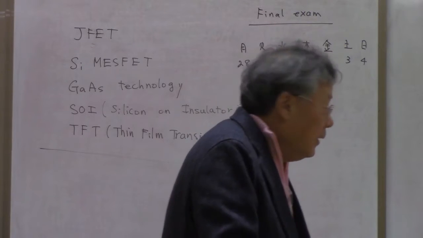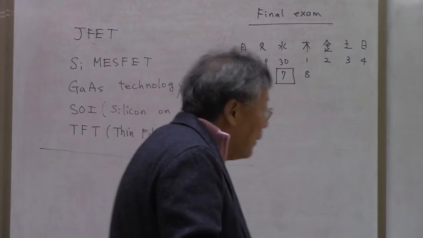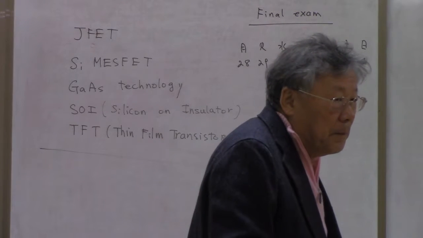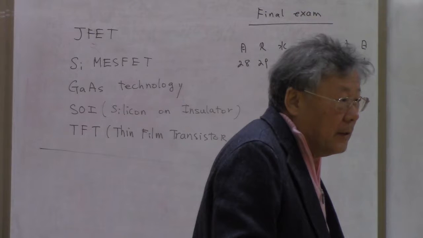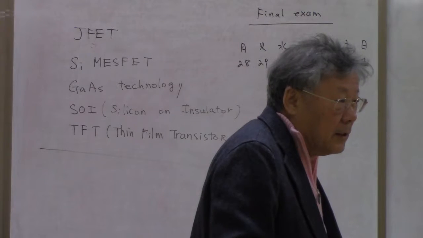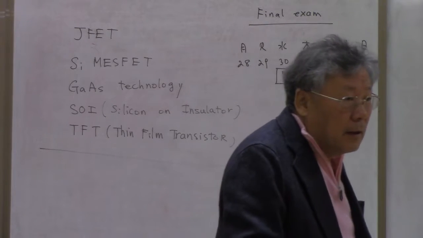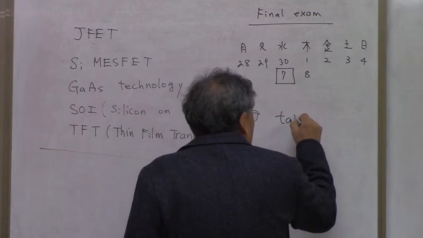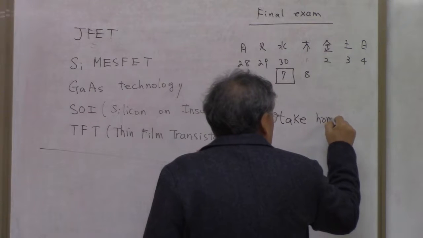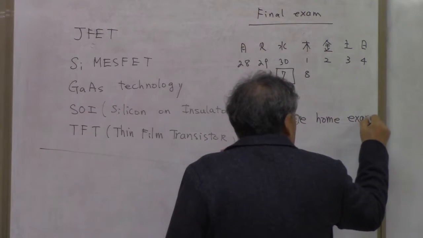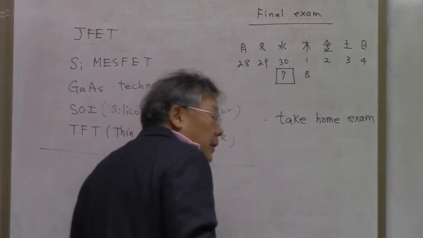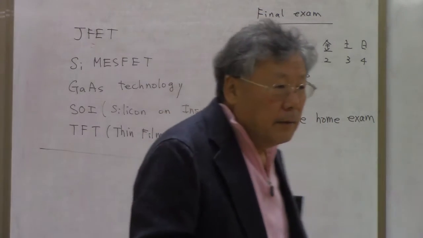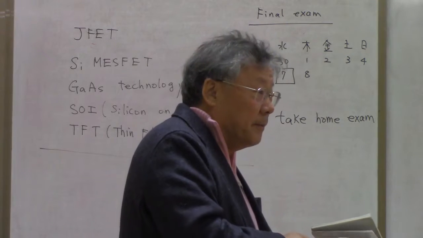You suggest to have a final exam and a written paper submission and special topics, things like that. Huh? You want to have a take-home exam? Take-home exam? Well, that's one way to do this, the final. I'll think about it. Okay.